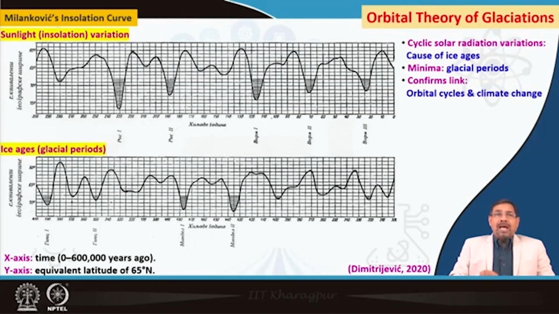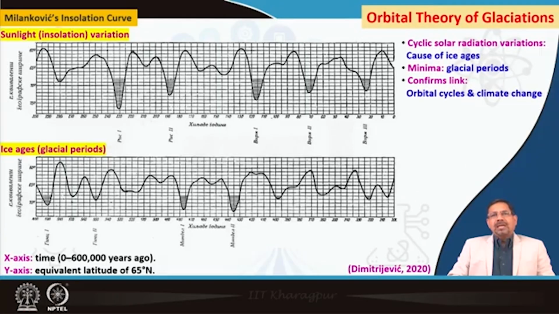So, when Milankovitch put this in terms of his insolation curve, we have put 2 figures here: the sunlight insolation variation, and down below the ice ages in terms of the glacial periods. If you look at the insolation on the upper one and the ice ages in the lower one, this explains the variation I told you about in the third slide, that means the variation in the average temperature of the earth, or the average global temperature.